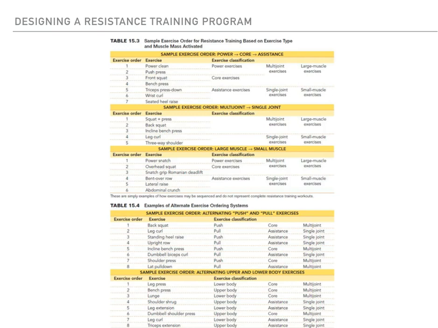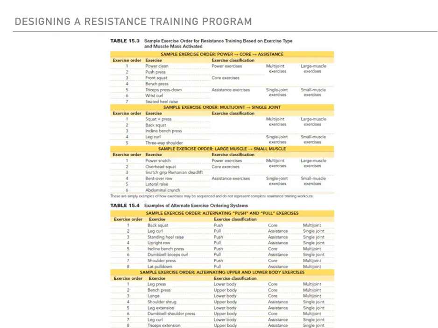So in this set of exercises, we can see, looking towards the right, that these exercises occur in a given succession. First, we have power exercises, which is analogous to core exercises. We have those already listed as core exercises. And then to complete the routine, we have towards the bottom the assistance exercises.